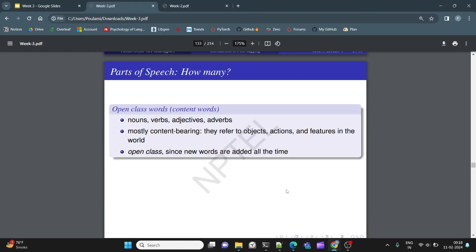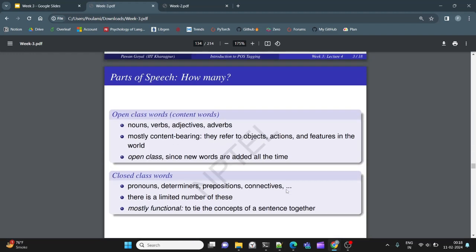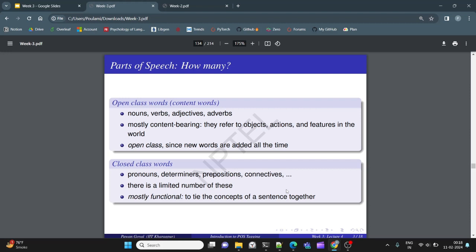So parts of speech can be open class words, which are called content words. These could be nouns, verbs, adjectives, adverbs. They are mostly semantic bearing, content bearing, so they have meaning associated with them.